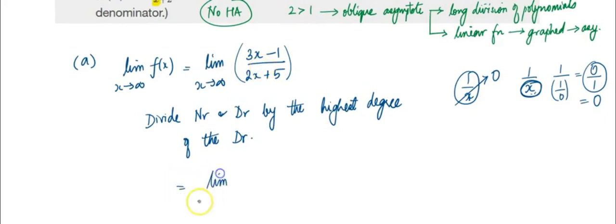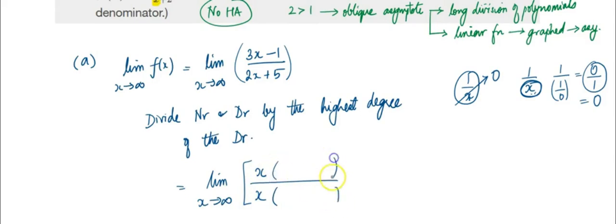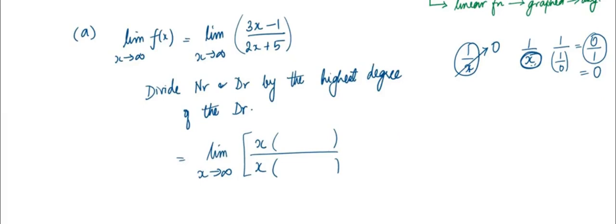So what we're saying is pull out an x in the bottom and on the top. That's what it means by divide numerator and denominator by the highest degree of the denominator. So you always go by the highest degree of the denominator. Okay, that's what we chose. The highest degree was x power 1, which is x.